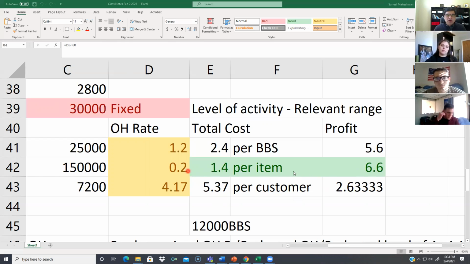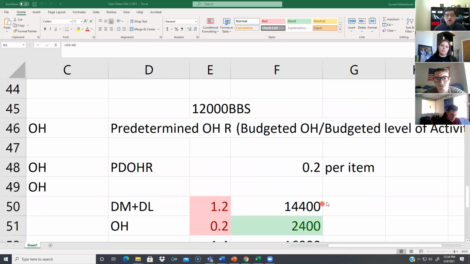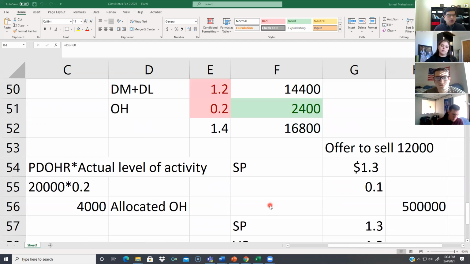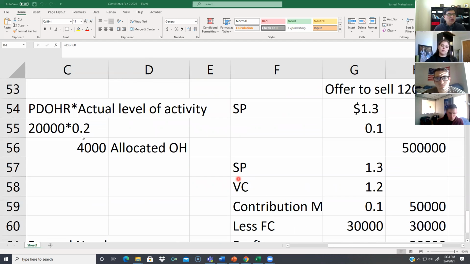Depending upon what overhead rate we chose, the cost would change, obviously. So when we actually allocated the predetermined overhead rate times the actual level of activity, this is basically what we called the allocated overheads, right?